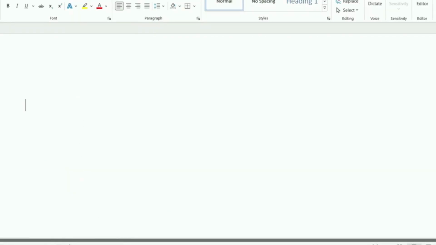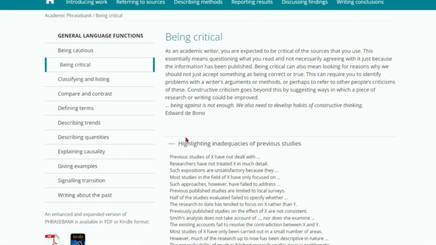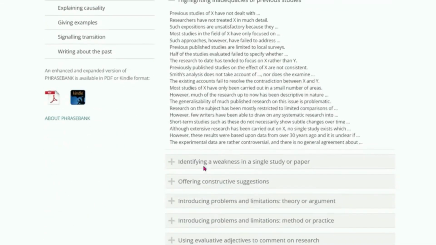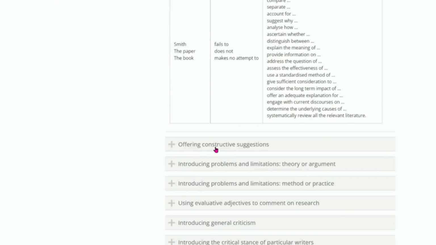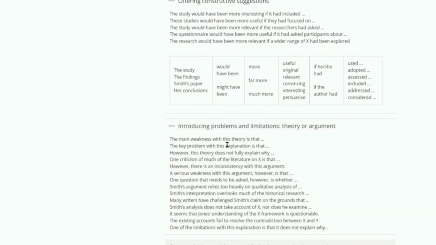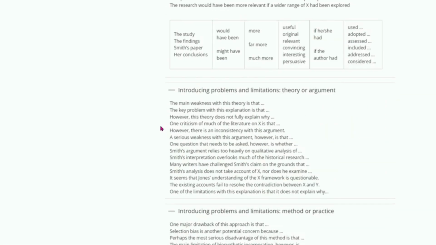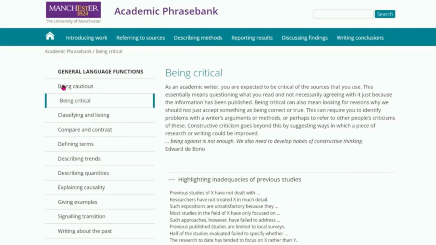This is not considered plagiarism. You are not stealing other people's ideas because the phrases are content neutral and generic in nature. Even though the bank was designed for writers who are non-native speakers of English, native writers may still find much of the material helpful. In fact, recent data suggest that the majority of users are native speakers of English.